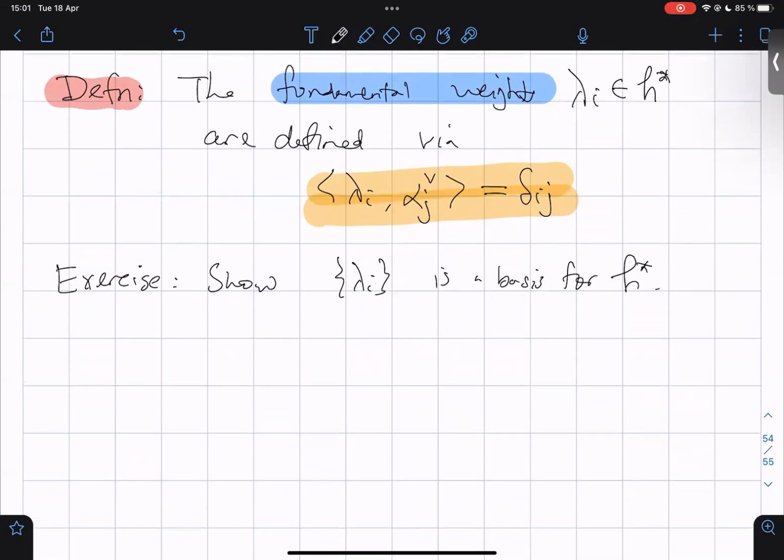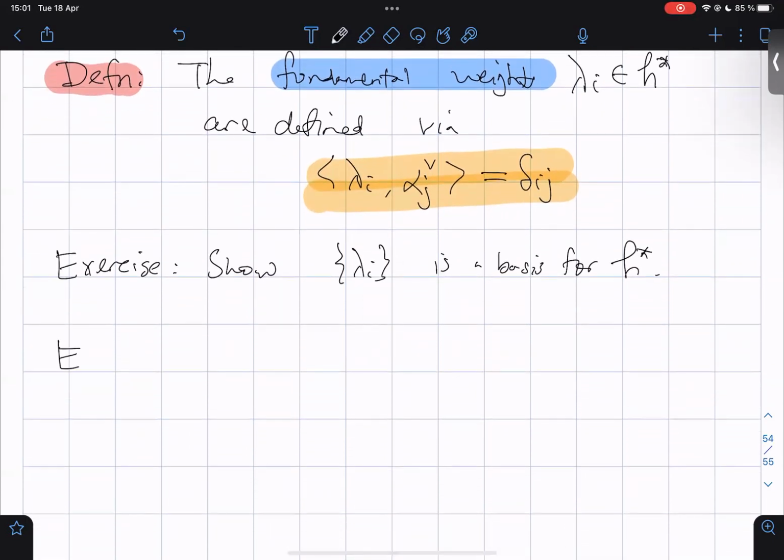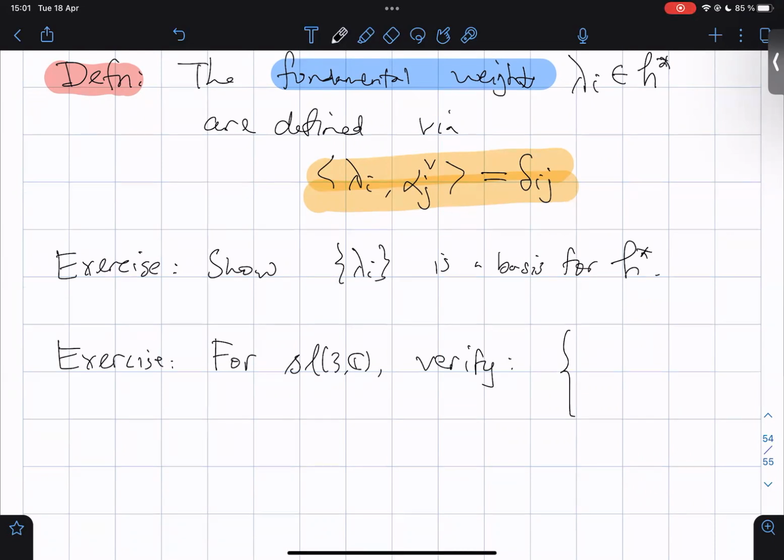Second exercise is for SL3. Verify for the... actually, this information will come later on.